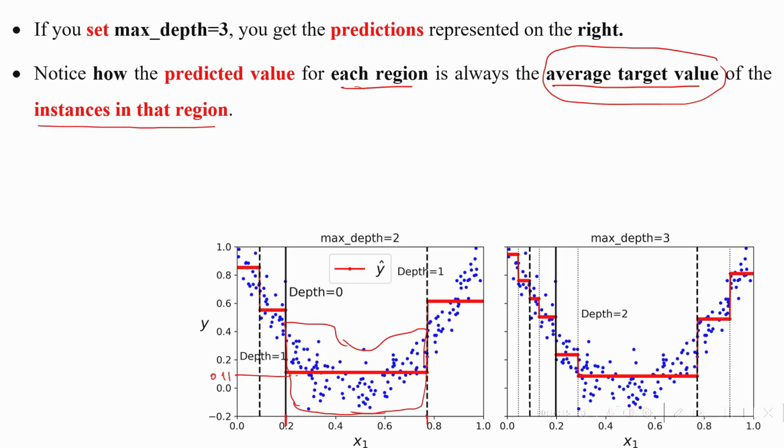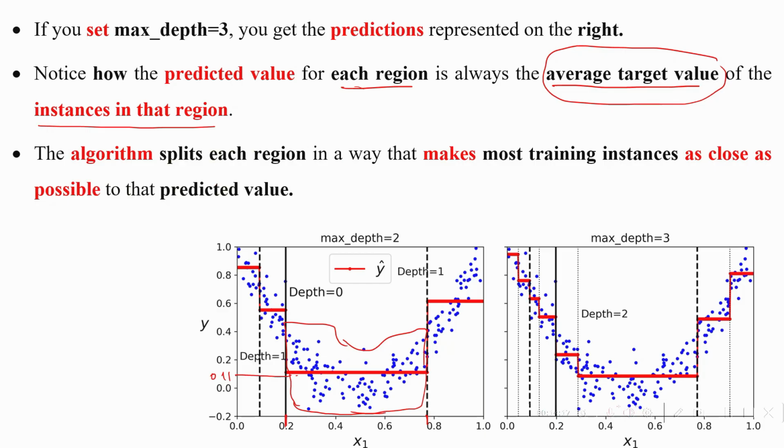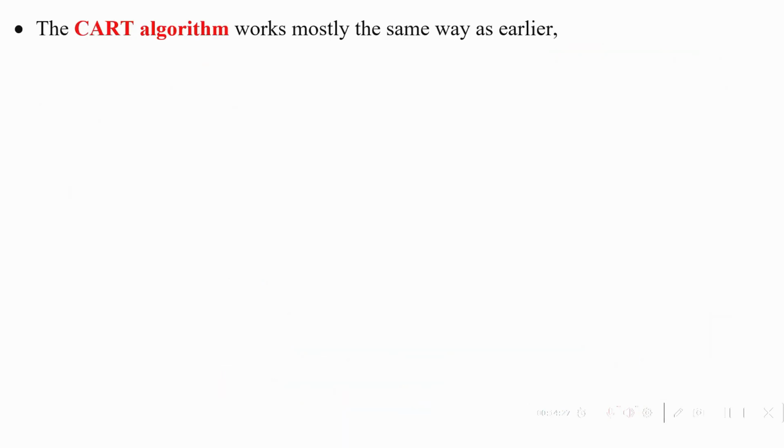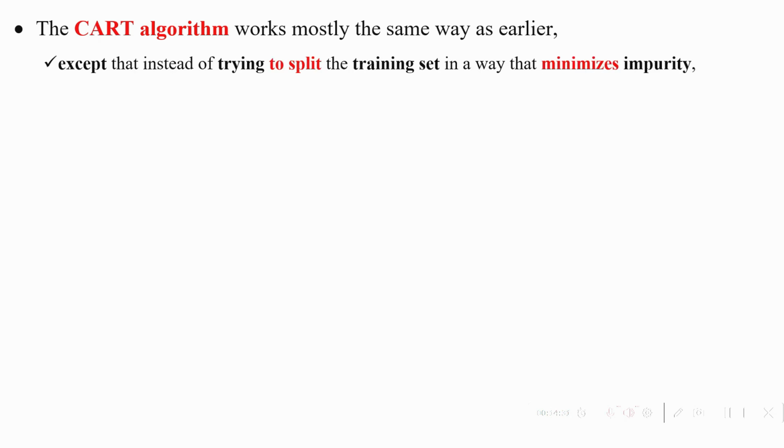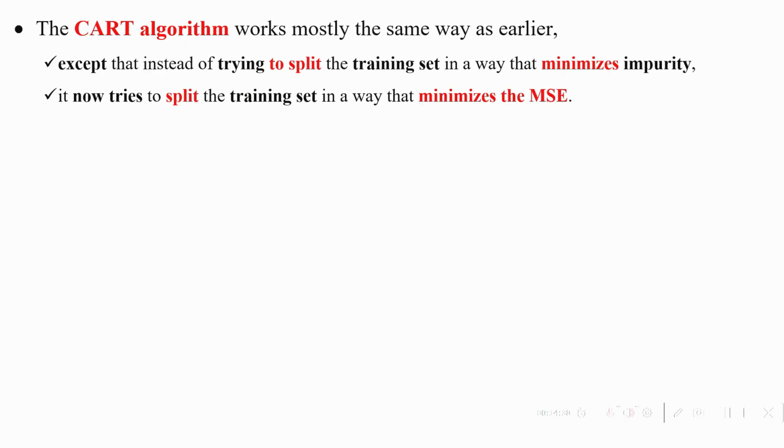Like that. The algorithm splits each region in a way that makes most training instances as close as possible to that predicted value. So the CART algorithm works mostly the same way as earlier, except that instead of trying to split the training set in a way that minimizes impurity, it now tries to split the training set in a way that minimizes the mean squared error.